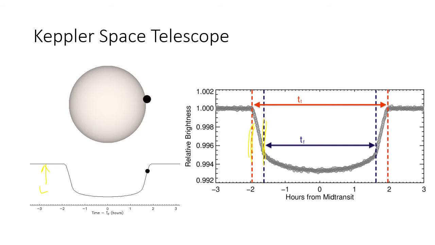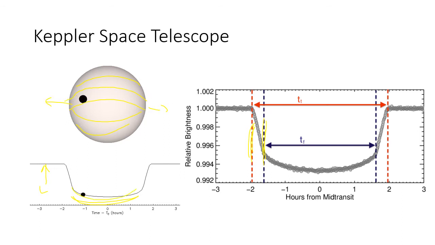But also notice this curve to the base. The reason there's a curve to the base is that due to the curvature of the star itself, the outer edges aren't sending quite as much light in our direction as the center is. And so when the planet is going across the outer edges, it's not blocking out quite as much light as it does when it goes across the center, and so we get this curve to the bottom.